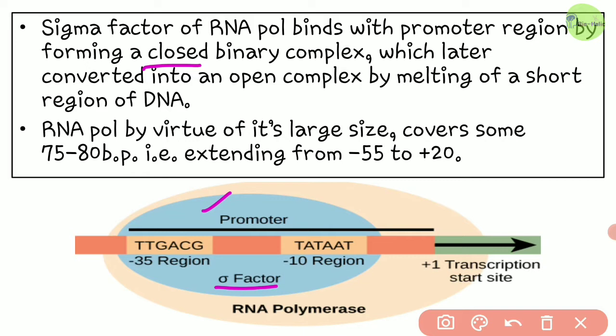The RNA polymerase, by virtue of its large size, covers some 75 to 80 base pairs, extending from -55 upstream to +20 downstream. Okay.